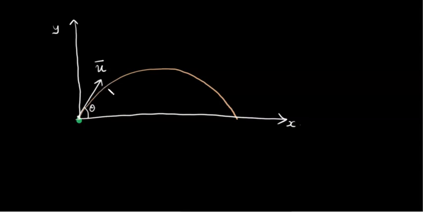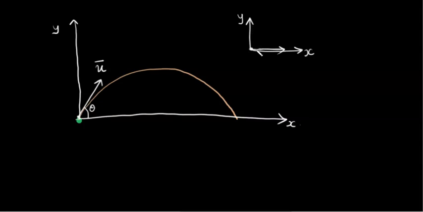Before we talk about projectile motion in detail, I want you to understand this fact: the motion in x direction will not be affected by the motion in y direction. What I mean is that if there is a constant velocity motion in x direction, and there is an acceleration in y direction, then the motion in the x direction will not be affected by the motion in the y direction.